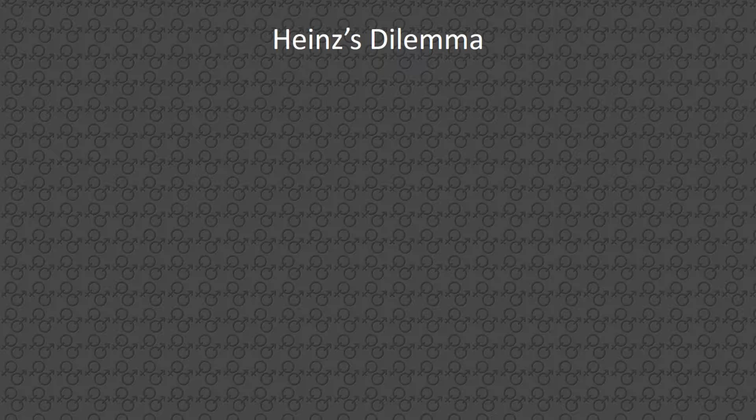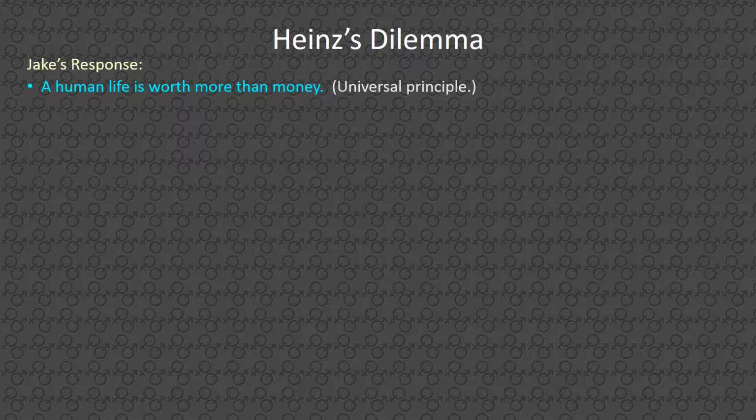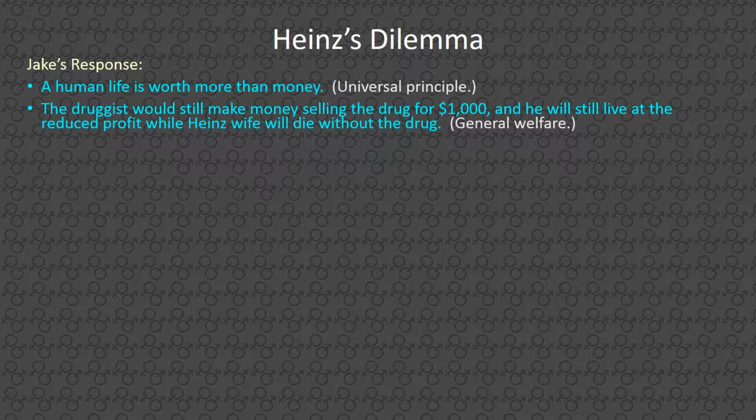Rachels contrasts the responses of a boy named Jake with a girl named Amy. Jake, obviously an unusual boy since he seems to be reasoning at one of the stages Kohlberg believes that few statistically reach, gives his reasoning. He says, a human life is worth more than money. Universal principle. The druggist will still make money selling the drug for $1,000, and he can still live with the reduced profit, while Heinz's wife will die without the drug.